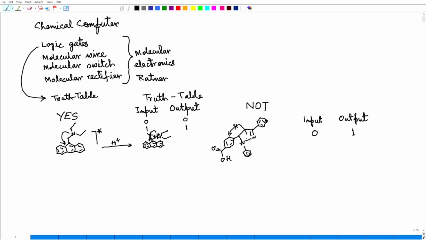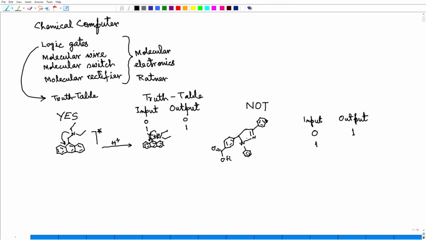So, when I do this, what will happen? When I put 1, then this PET is possible. I will tell you again: this was carboxylate, I took a carboxylate in basic medium and input is no input. So, I excite, I get an output. But I put proton, so carboxylate becomes carboxylic acid.